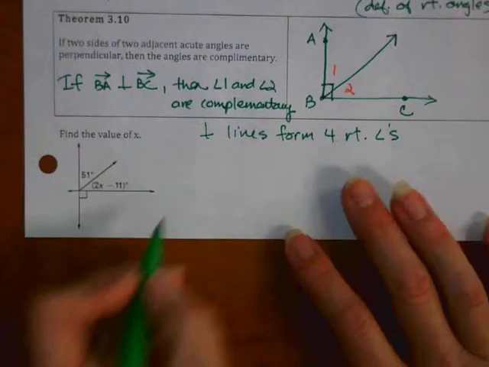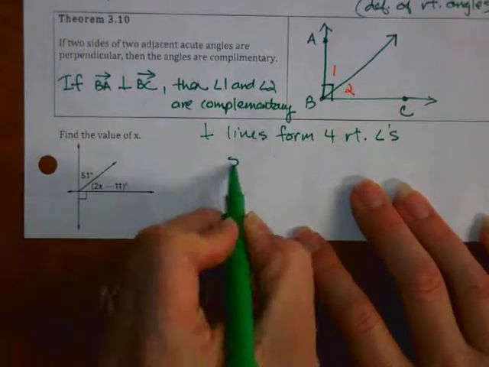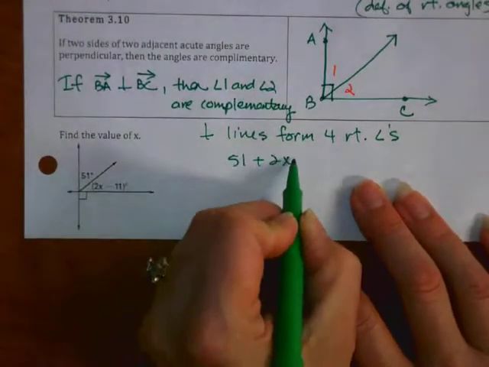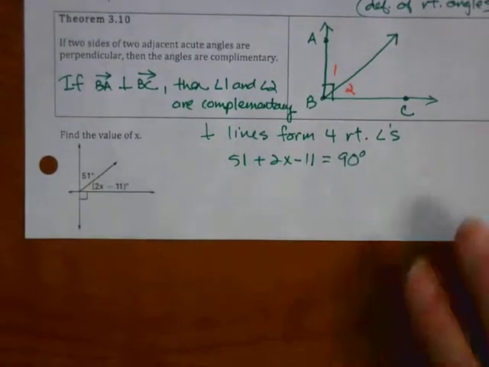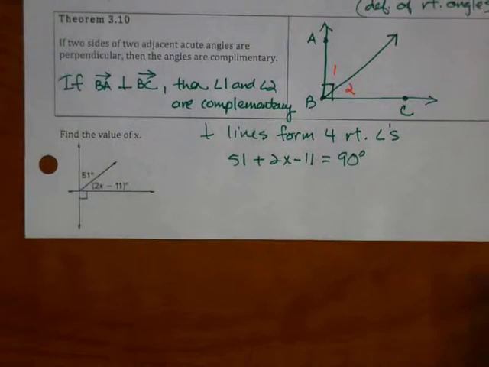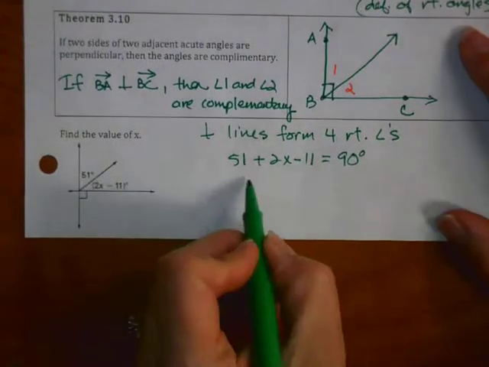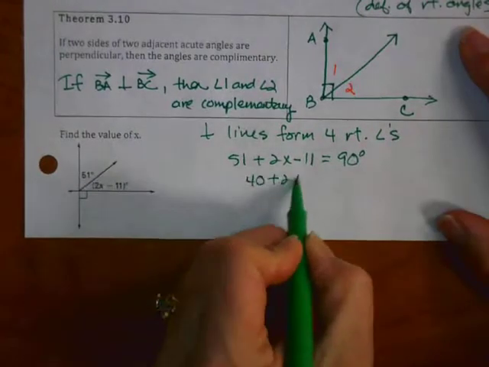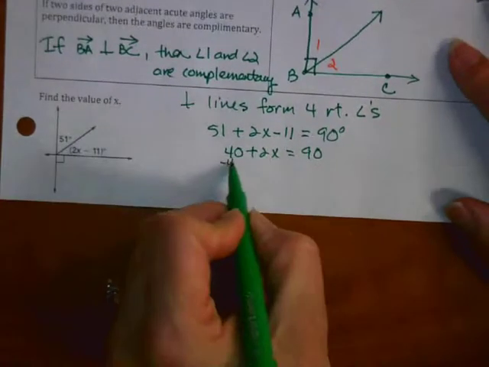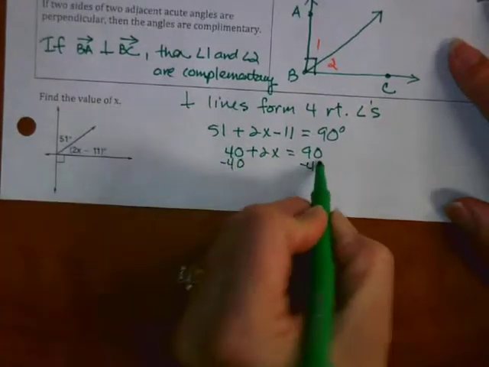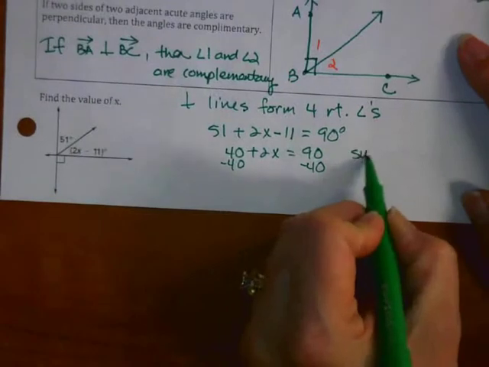Okay, so therefore I can say that 51 plus 2x minus 11 equals 90 degrees. Then I add these two together and I get 40 plus 2x equals 90 degrees. Subtract 40. What property is this that allows me to subtract 40 from both sides?